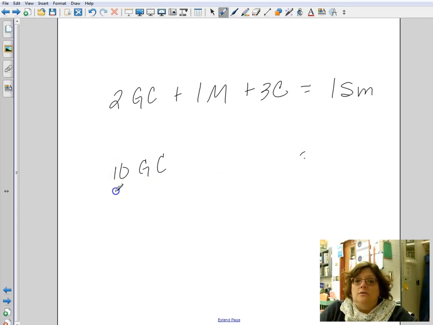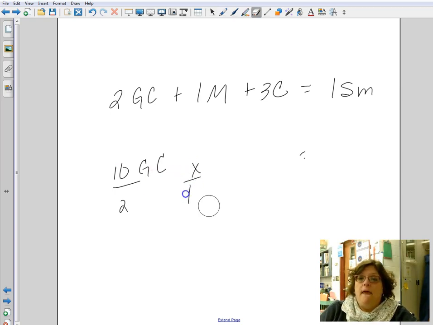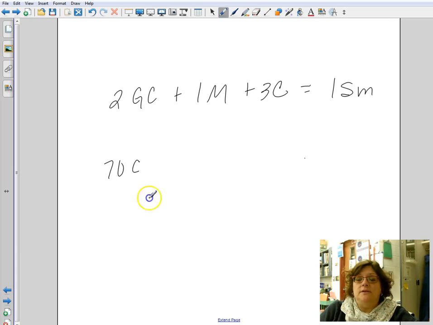If you do a simple ratio, 10 is to 2, as X number of s'mores is to 1, you can cross multiply and you get 5. If I told you that I had 70 chocolate pieces, how many s'mores can I make? 70 is to 3, as X number is to 1.